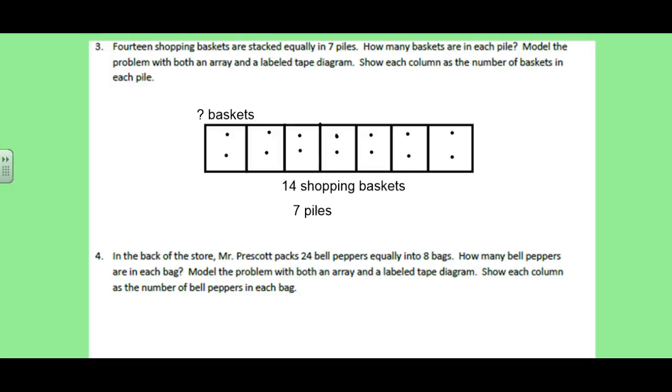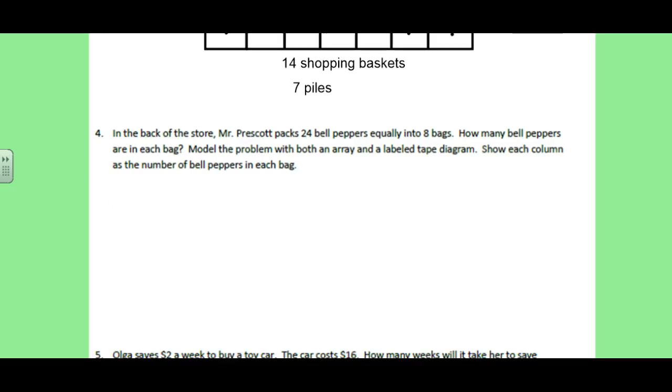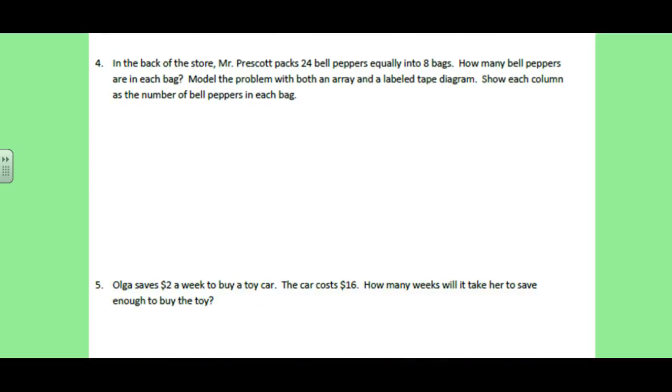We always start with the total, so we're going to put 14, and we know based on the problem that we were dividing that by 7. And we know that 14 divided by 7 is equal to 2 because that's how many baskets were in each pile. Okay, now we're ready to move on to the last 2 problems.